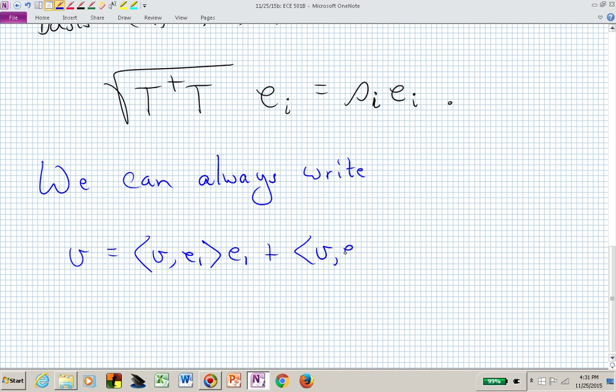So that now we have v as this orthogonal decomposition in this basis set, which is really made up of the eigenvectors of the square root of T dagger T.